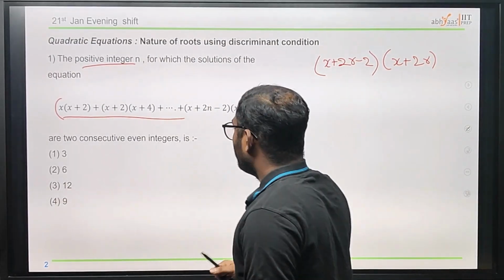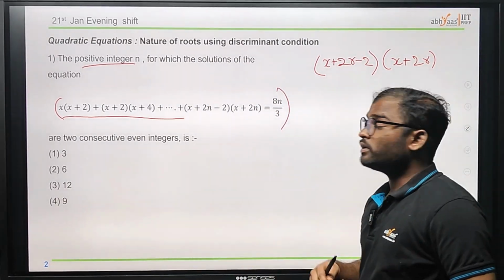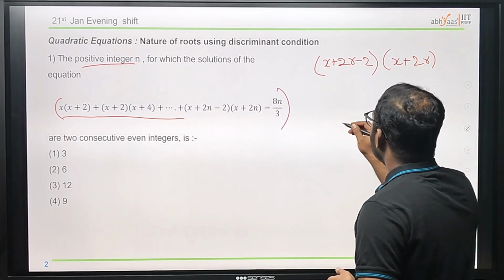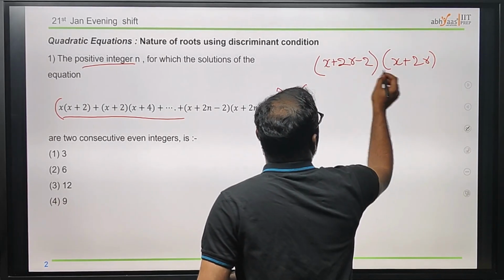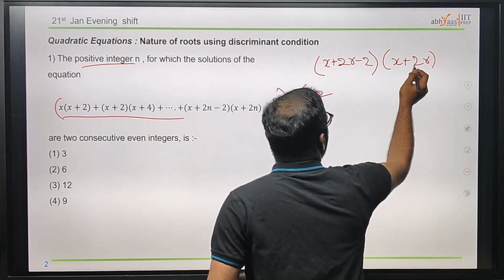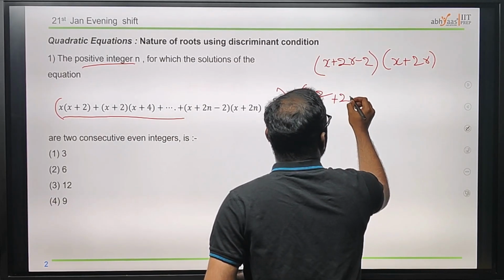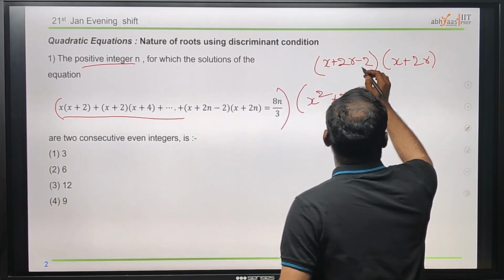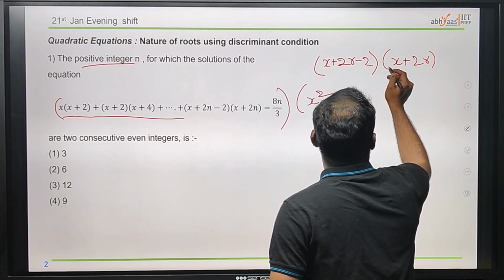Now we just make it into a small equation in order to simplify this. If we just multiply this, we will get x square and 2rx. Next, you have to do the same thing with this 2 also.